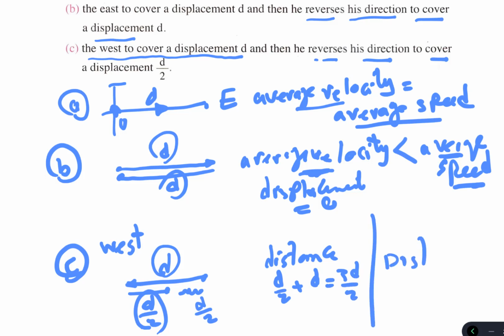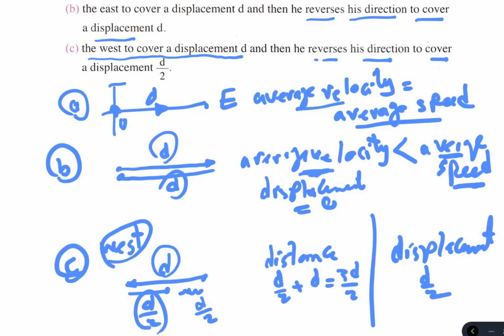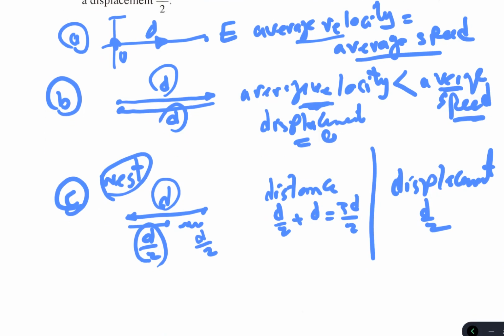Let's calculate the displacement. It equals D over 2 in the west direction, or negative D over 2.